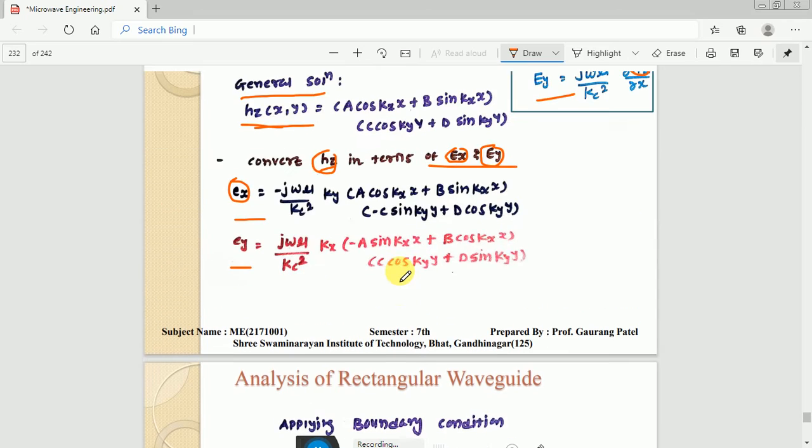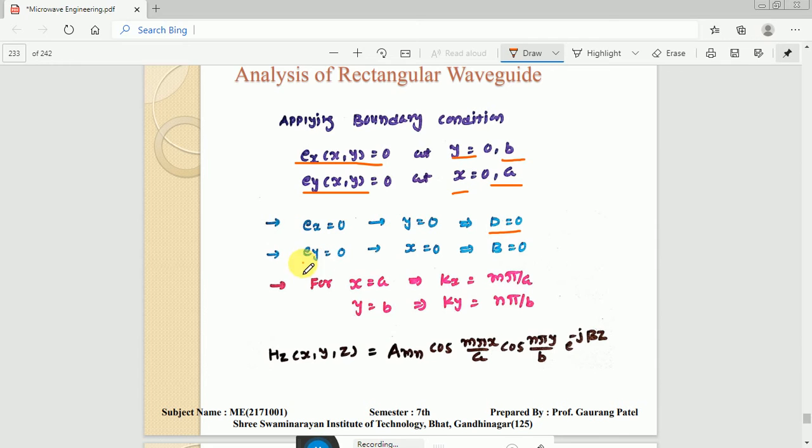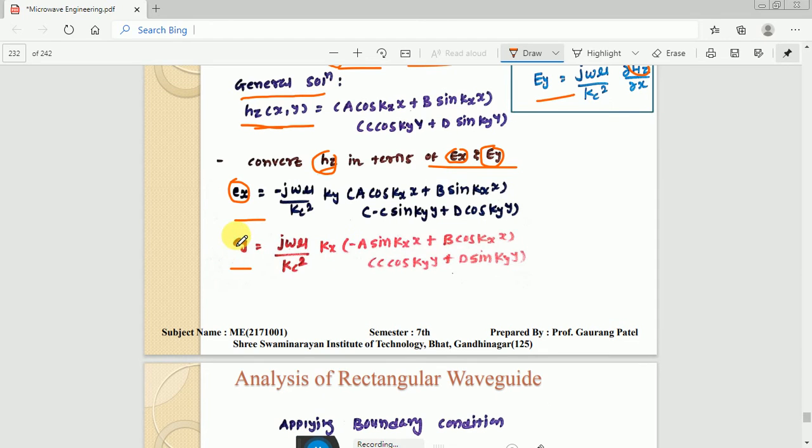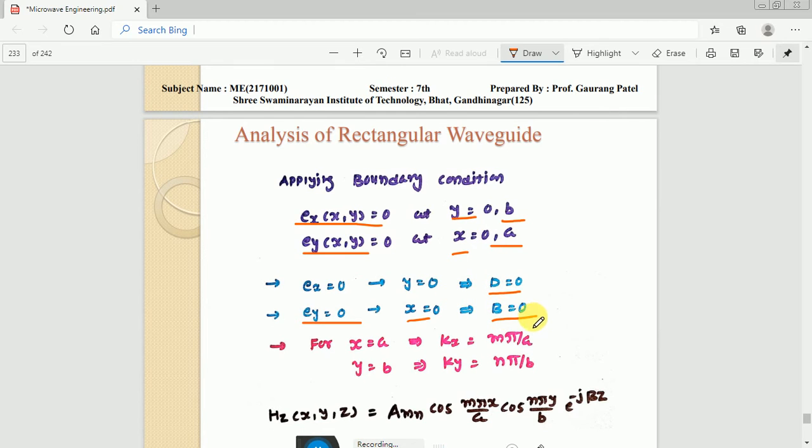This constant d is equal to 0. Similarly, if we put Ey equal to 0 for x equal to 0 in this equation, then we will get the constant b equal to 0.